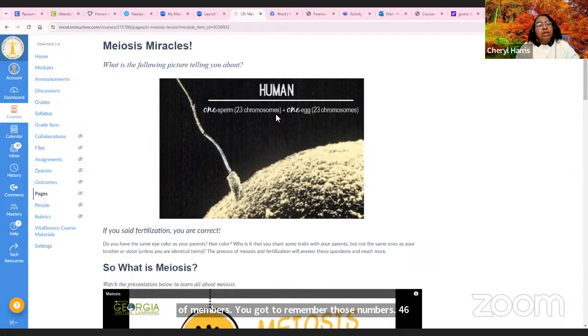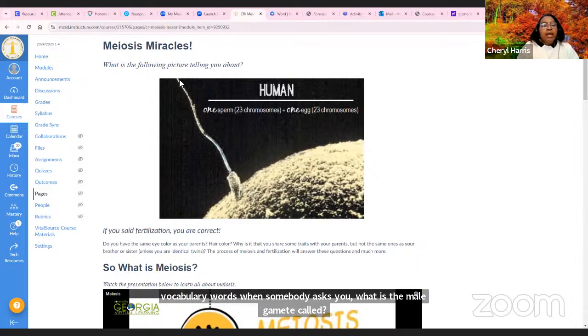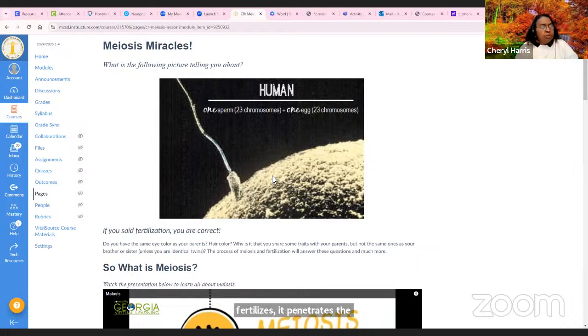And these are gametes. Egg cell is the female gamete, and sperm cell is the male gamete. You need to know those vocabulary words. So when somebody asks you what the male gamete is called, that is the sperm cell. The sperm cell with its 23 chromosomes penetrates the egg cell, and then the chromosomes reunite.